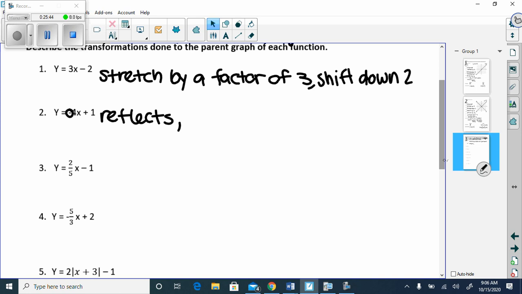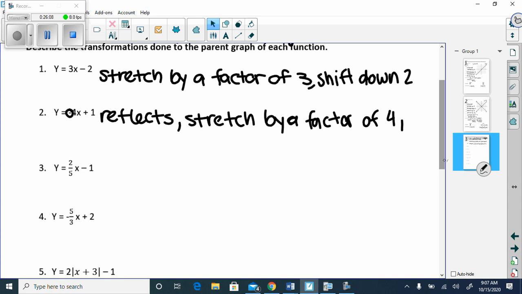Just the 4. 4 is a big number, so it is going to stretch. The only thing that can make it shrink is something between 0 and 1, like a fraction or decimal. So stretch by a factor of 4.